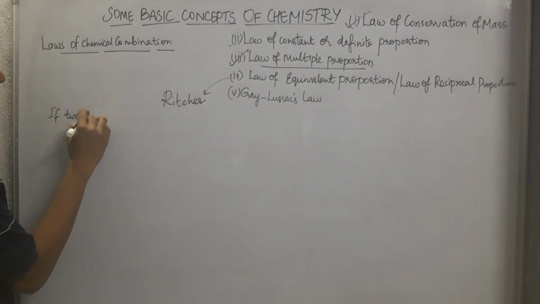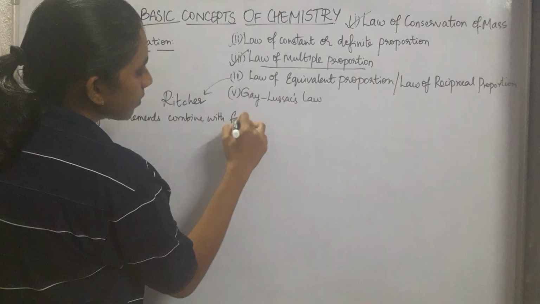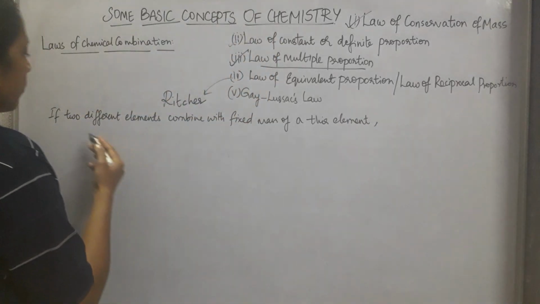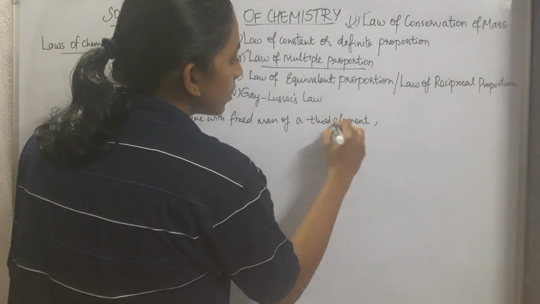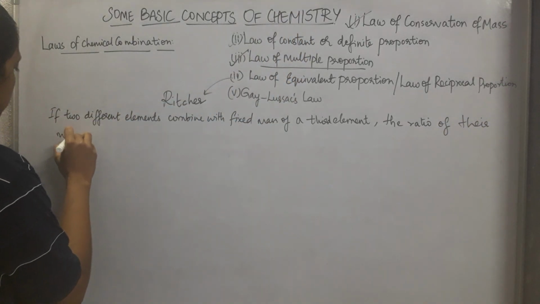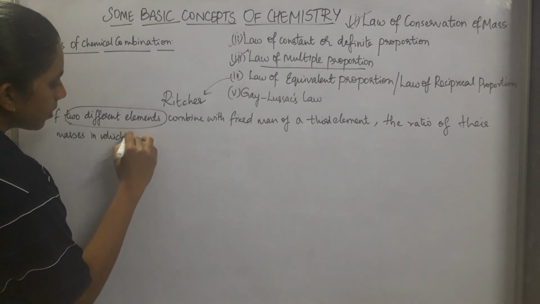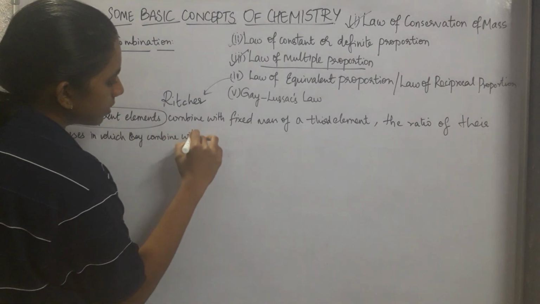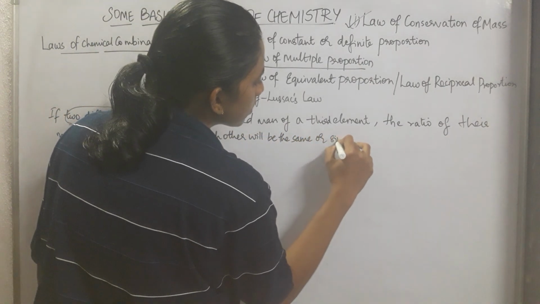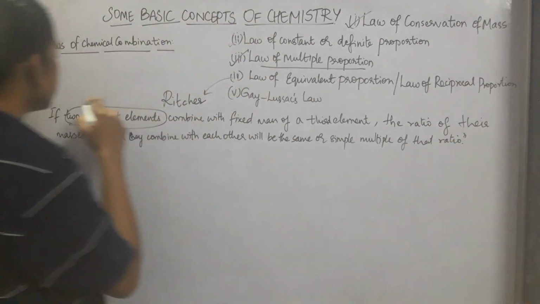If two different elements combine with the fixed mass of a third element, the ratio of their masses in which they combine with each other will be the same or a simple multiple of the ratio. So this is the statement.